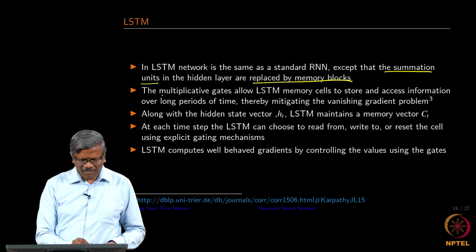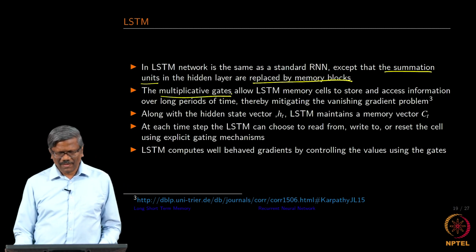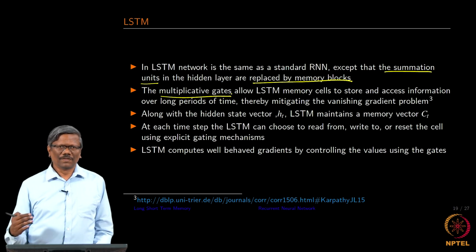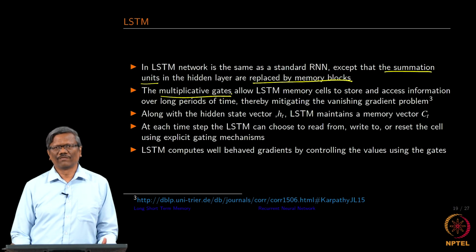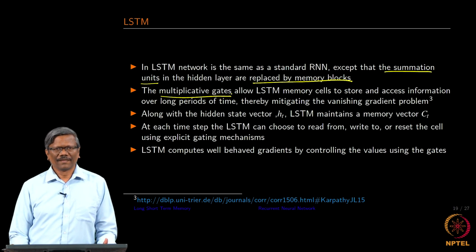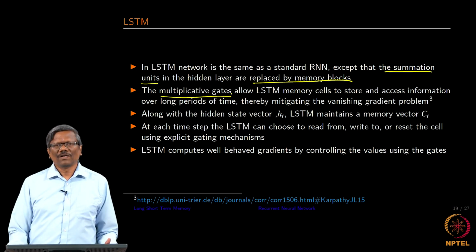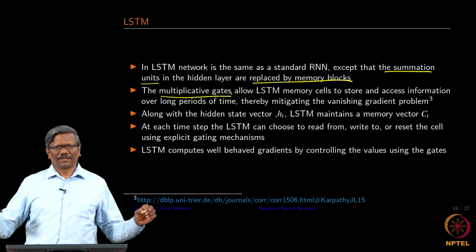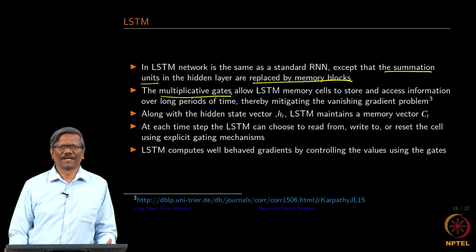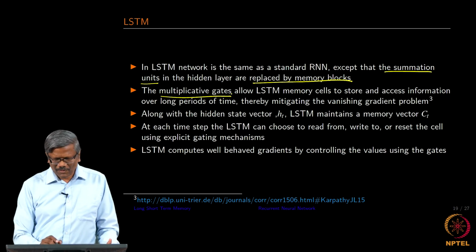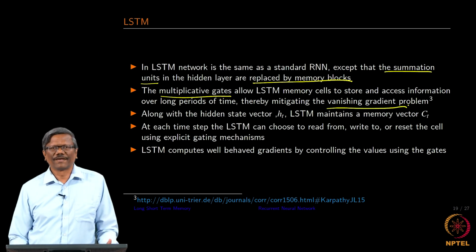We are going to have multiple gates that allow cells to keep the information or lose the information. By doing so, we want to achieve long term dependency in the network, and at the same time solve the problem of vanishing gradient.